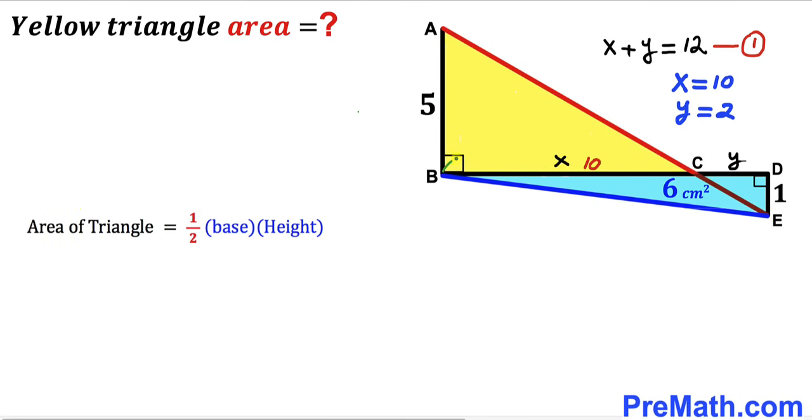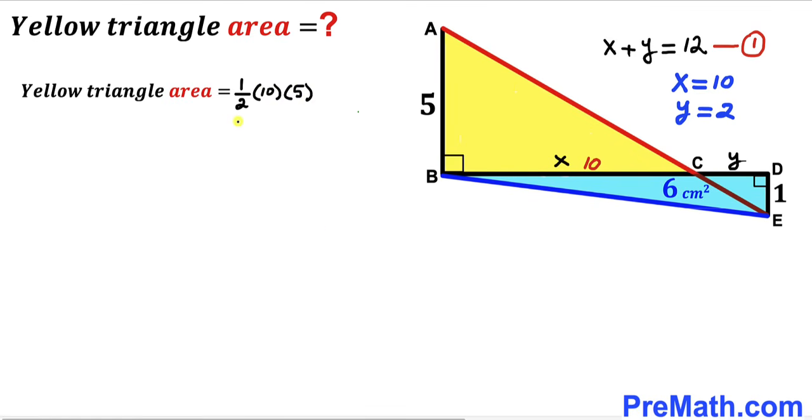In our case, the base of this yellow shaded triangle is 10 centimeters, whereas the height is 5 centimeters. So the area is going to be a half times 10 times 5. Let's simplify and multiply. We get 25 centimeters squared.